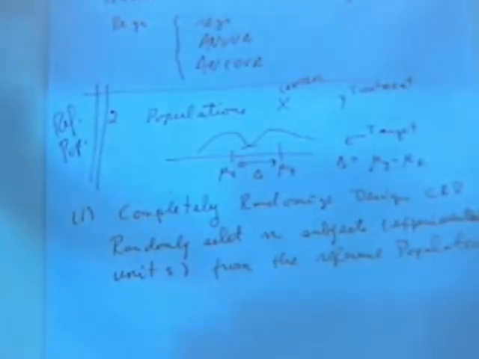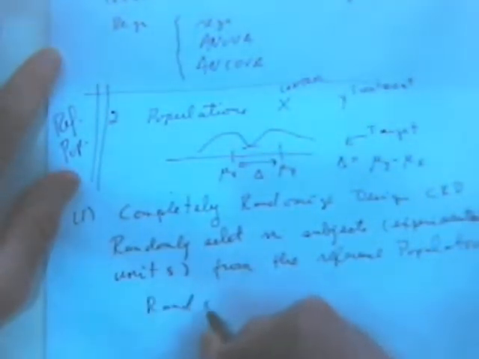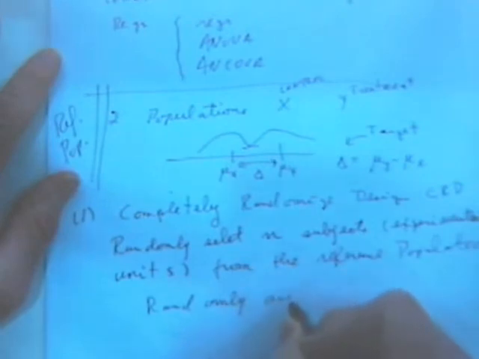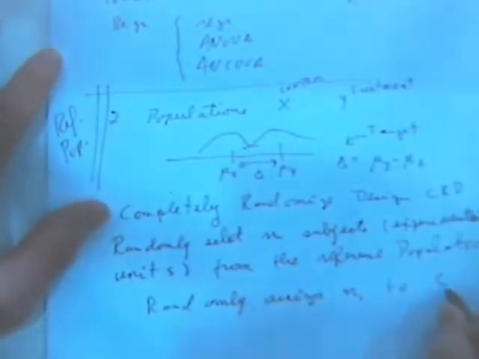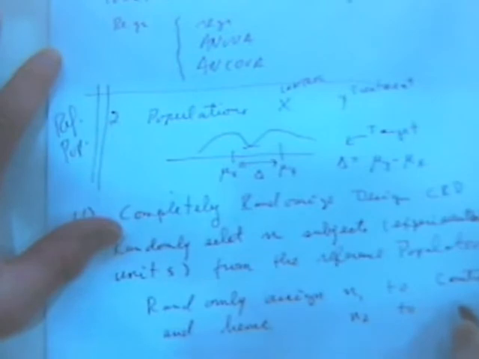And then you randomly assign them, n1 to control and n2 to treatment.